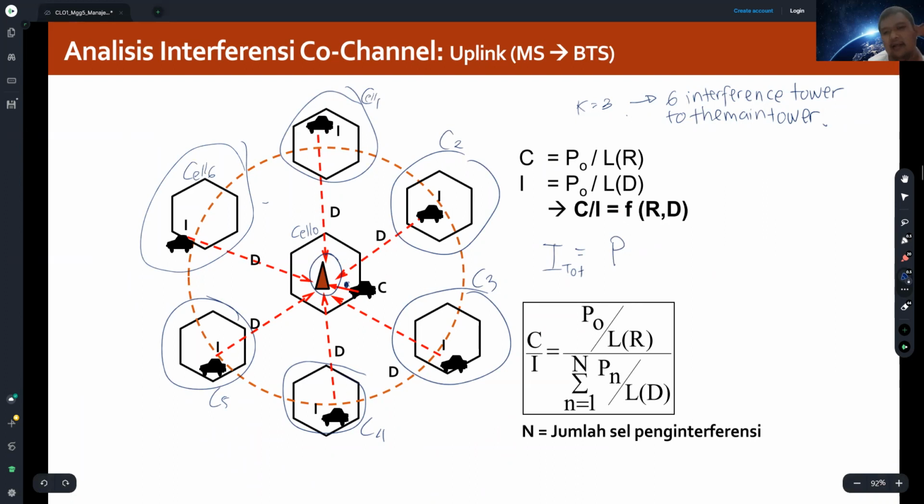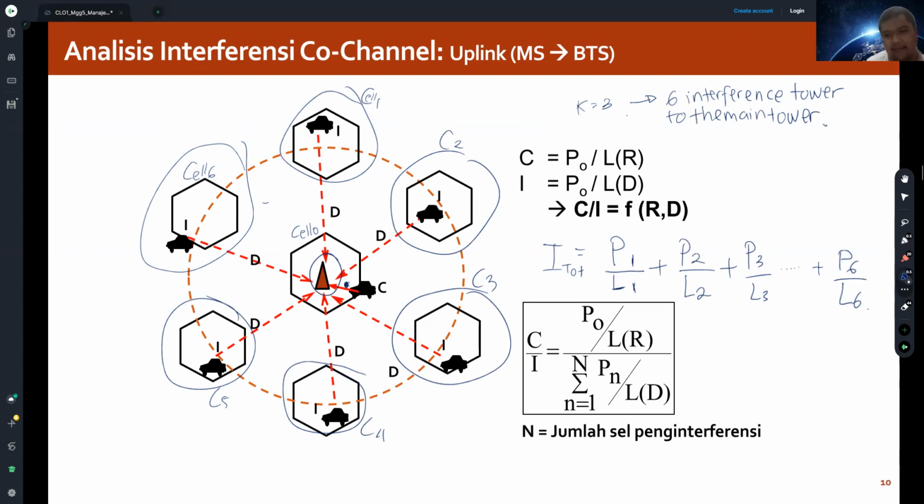So the total interference will be equal to the power of 1 divided by loss 1, plus power of 2 divided by loss 2, plus power of 3 divided by loss 3, and so on, plus power of 6 divided by loss 6, right? So the interference will be the sum from the first tower up to the 6th tower, right?